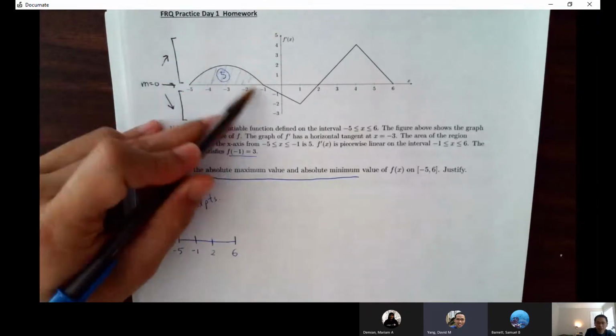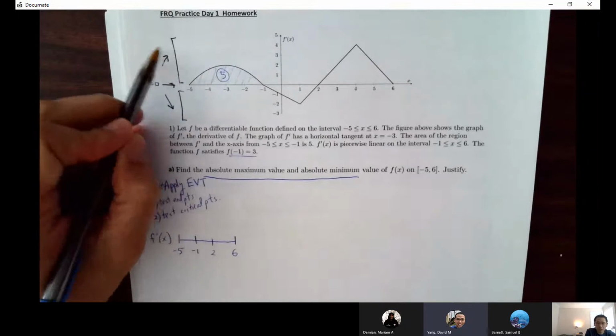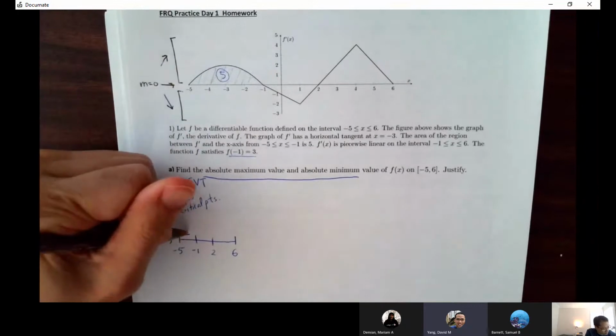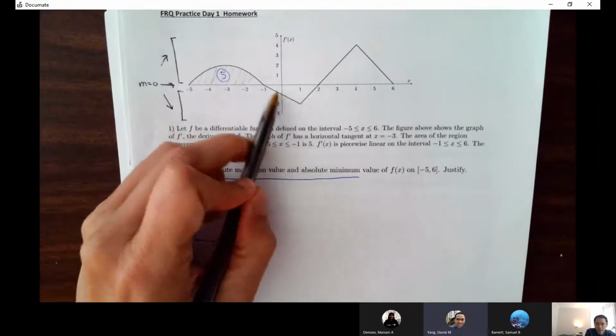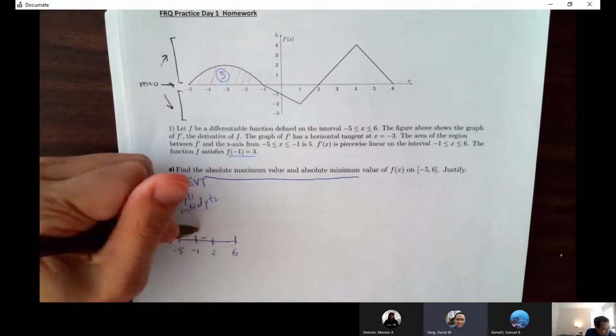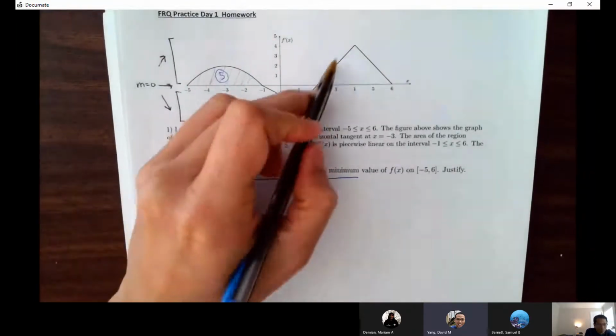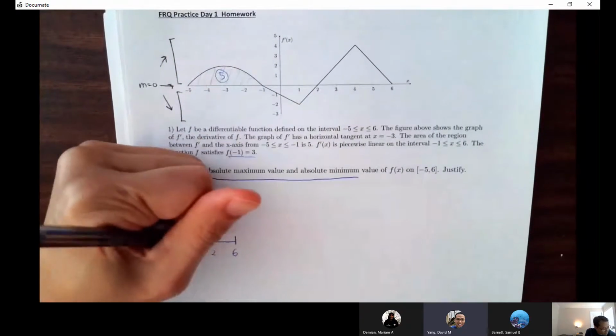Above the x-axis represents where my original graph is going to exhibit positive slope. Below the x-axis, negative slope. And then 2 to 6 is above the x-axis again, positive slope.